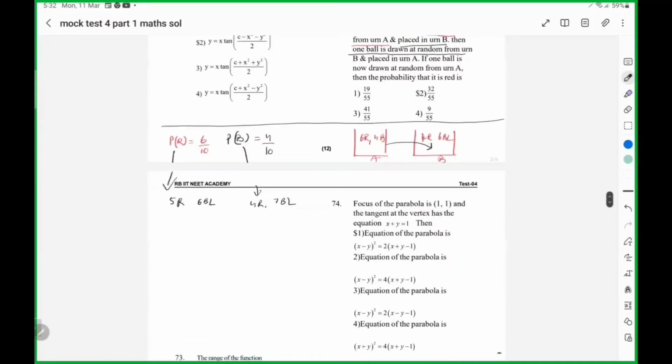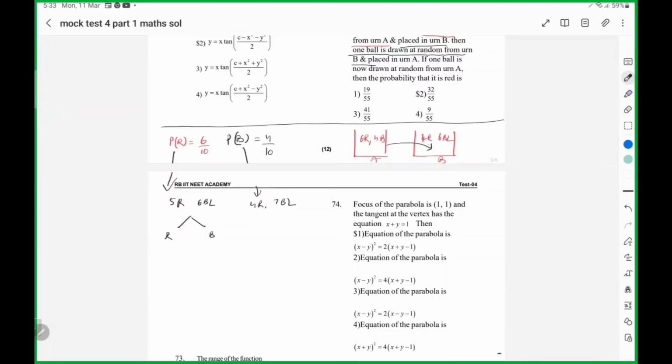Now if one ball is drawn from urn B, here he can draw again a red ball or black ball. If it is a red ball, 5 by 11. If it is a black ball, 6 by 11. In this case, black ball is transferred. If we draw a red ball, black, 7 by 11.